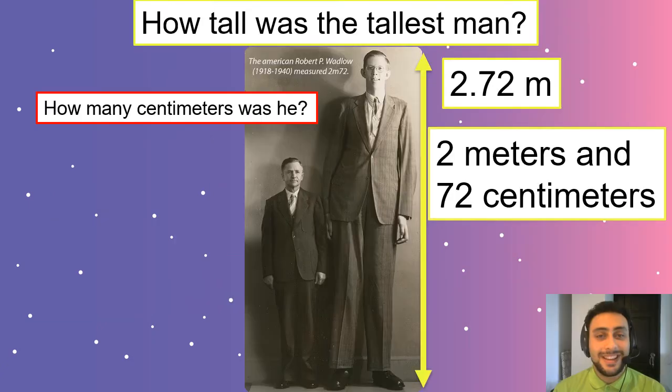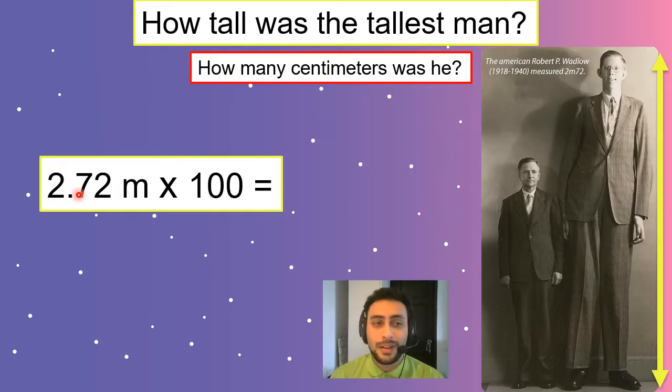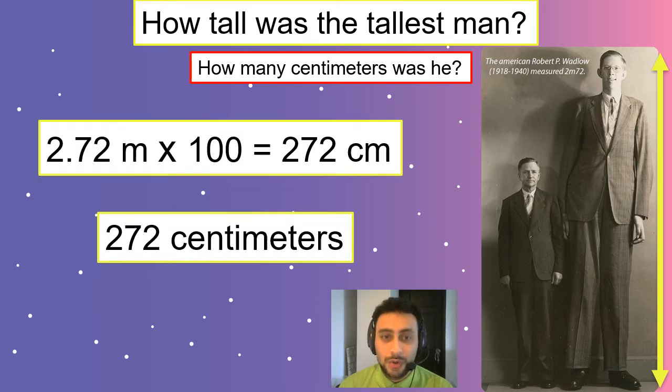All right, let's see. Now, this is the tallest man in the world. How many centimeters was he? Because we know that he was 2 meters and 72 centimeters. So, how many centimeters was he? Easy. 2.72 meters times 100. What do we do?